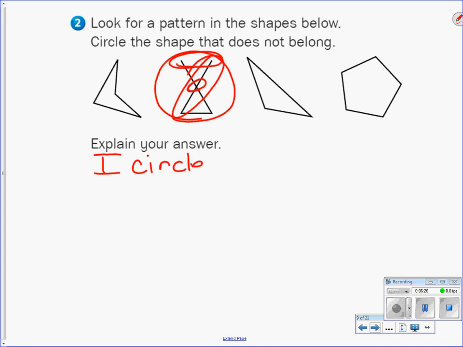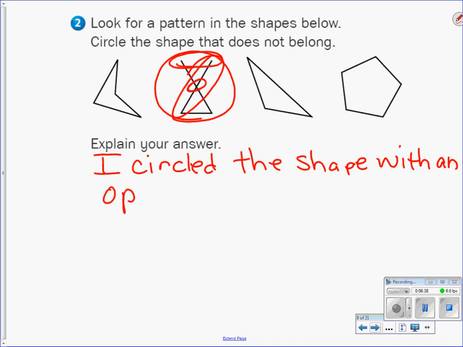we could just say I circled the shape with an opening and with sides that cross.